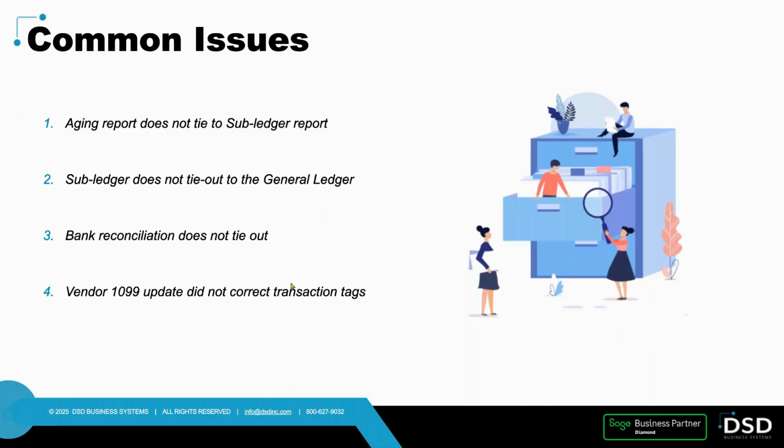A resolution to that would be to run the GL report just for the subledger controlling GL account, and thoroughly review the journal columns, which is the subledger journal versus the GL journal. Once the GL is reviewed, remove any discrepancies if needed, recreating through the subledger. And then after that tie out, let's go ahead and click on that disallow direct posting on the subledger control accounts to lock it down. That way you don't have to come across this tying out issue.